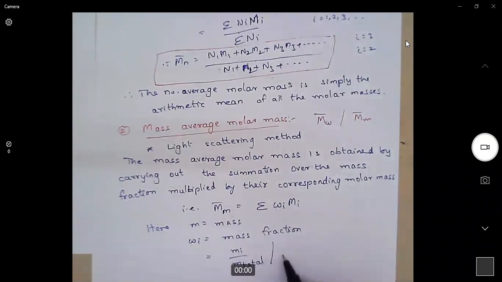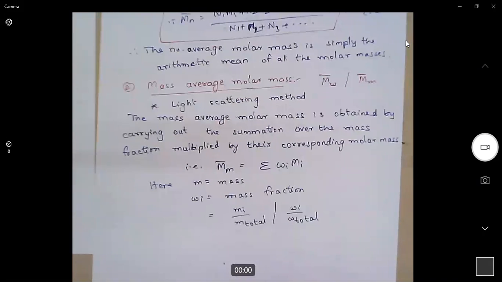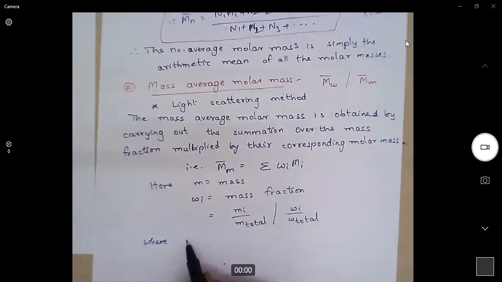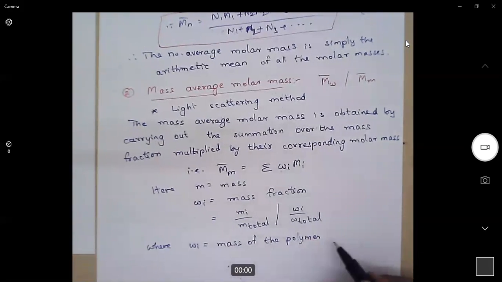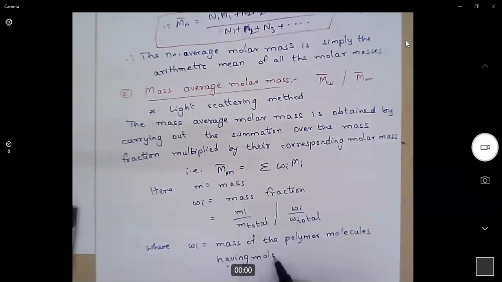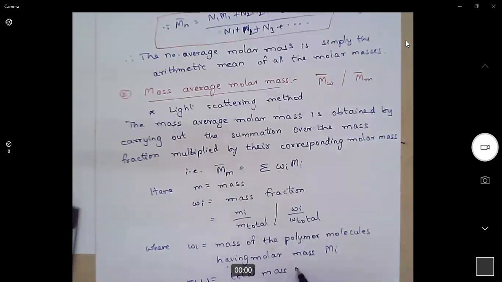I'm giving both symbols, or you can write it wi by w total, where wi is the mass of the polymer molecules having molar mass capital Mi, and m total or w total is the total mass of the sample.